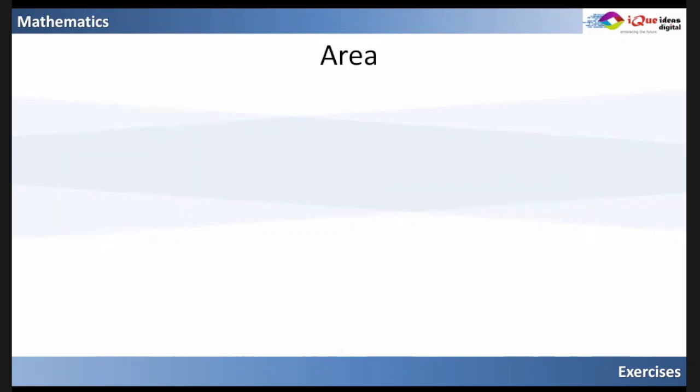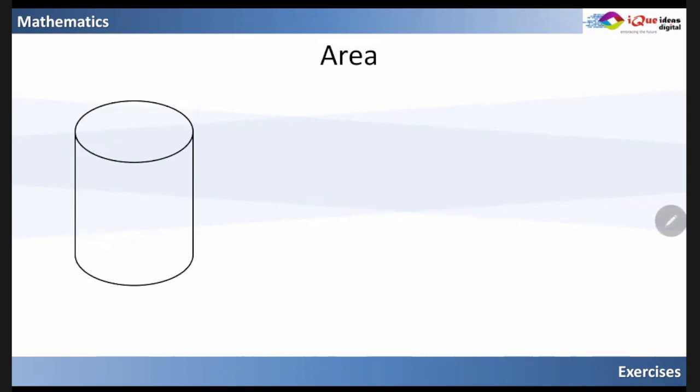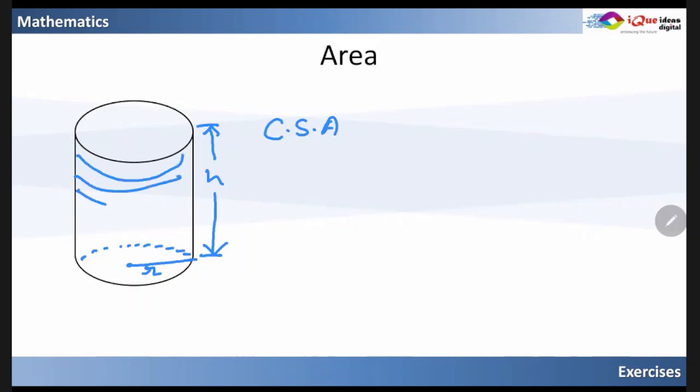Now, for a cylinder, if a cylinder is taken as a figure with a circle and height, then the base and the top will be circles with radius r, and the height of the cylinder is h. So the curved surface area, that is, we are only looking at this curved surface.